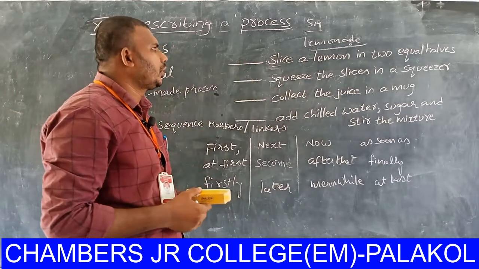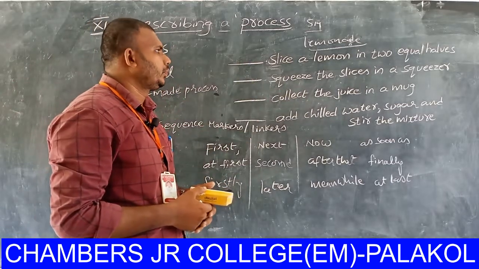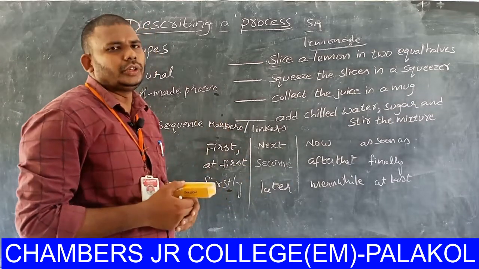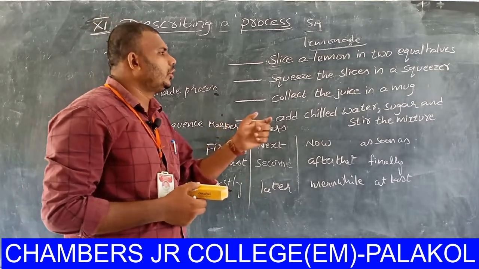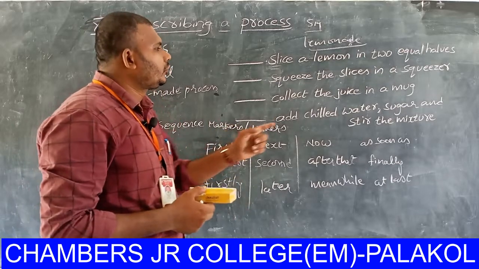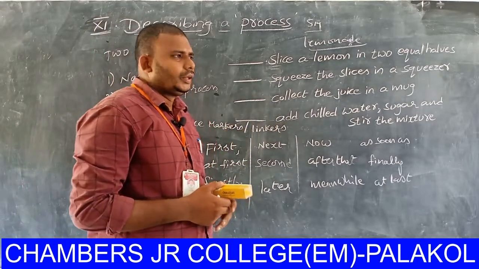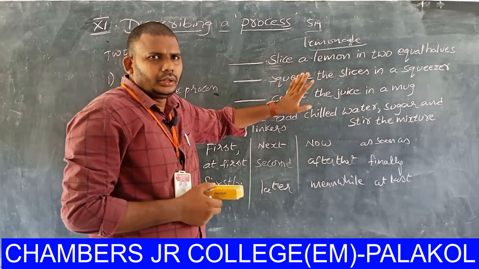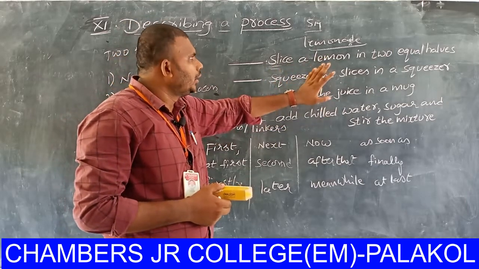The first step is slice a lemon in 2 equal halves. Squeeze the slices in a squeezer. Collect the juice in a mug. Add chilled water, sugar, and stir the mixture. These are the 4 simple steps involved in making a lemonade.